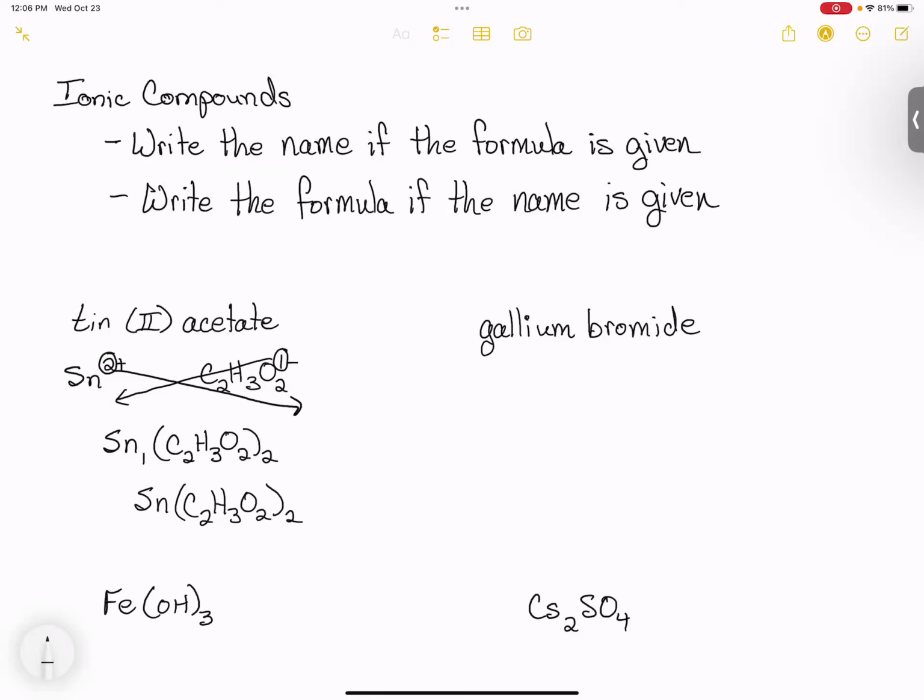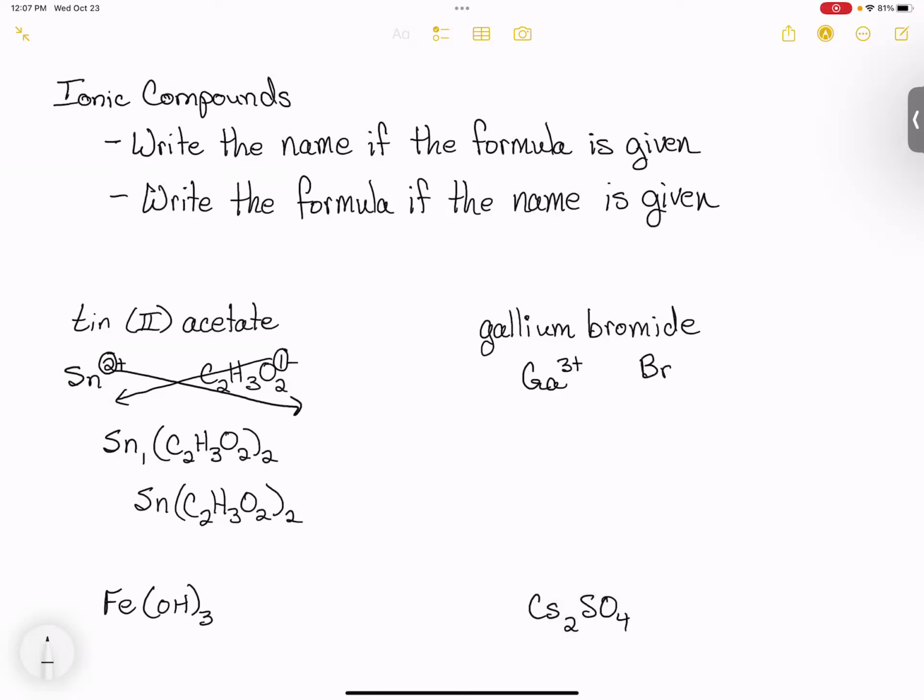Okay, gallium bromide. Gallium is in group 13. What charge does this gallium have? Do we know? It's a +3. Gallium is always a +3. The ide typically means what? What type of anion? It's an anion of an element.